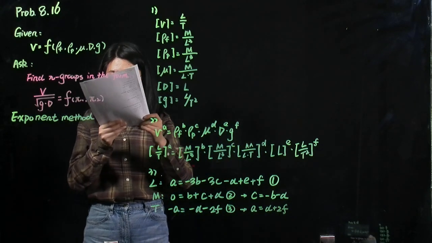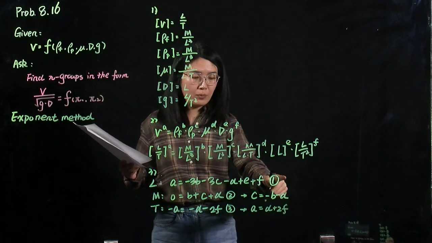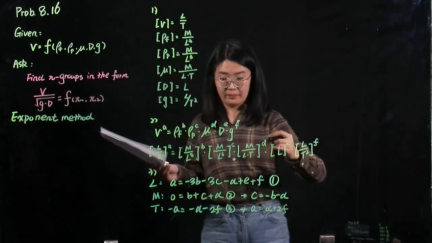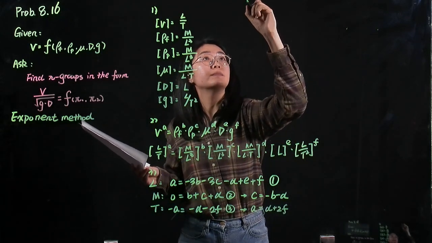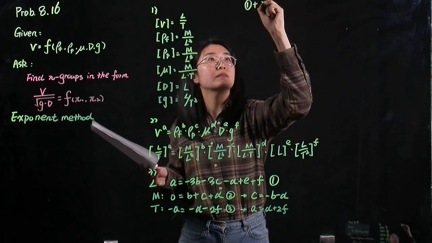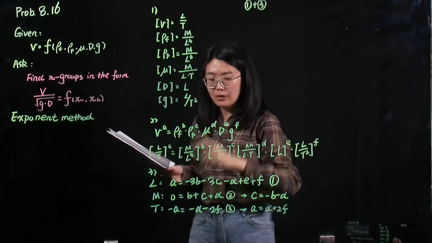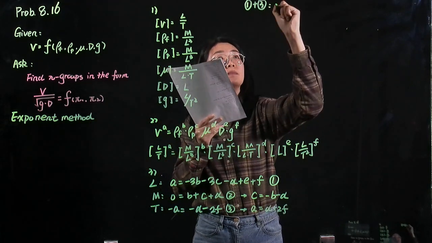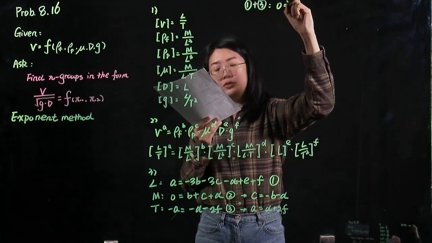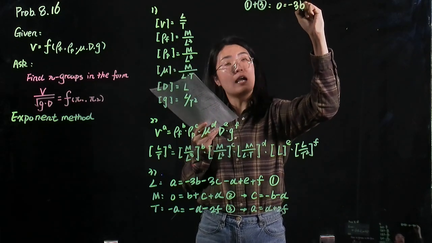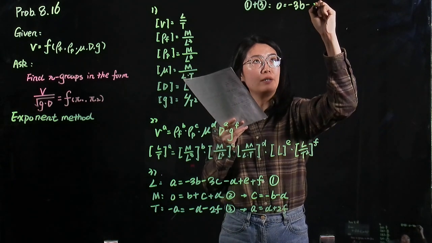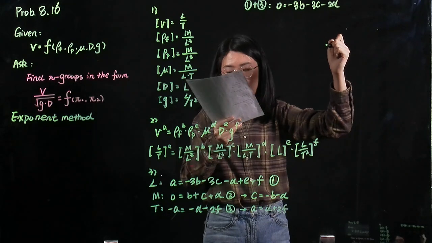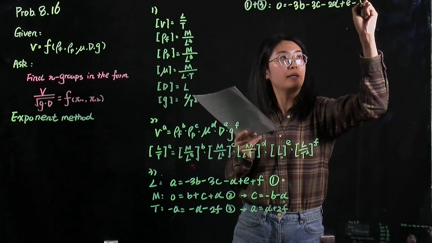And then if we add equation 1 with equation 3 here, we cancel A, and we get 0 equals minus 3 times B minus 3 times C minus 2D plus E minus F.